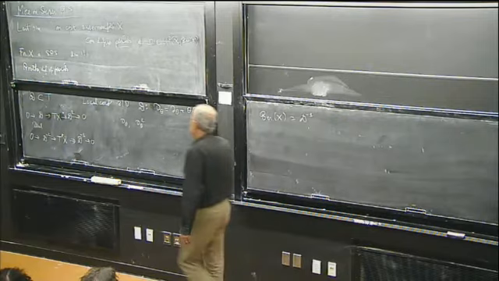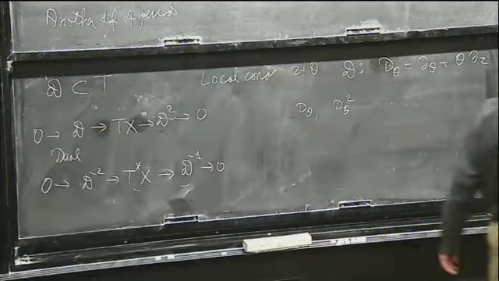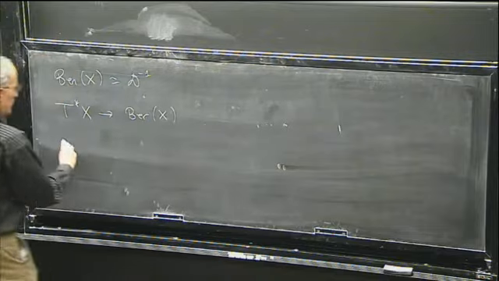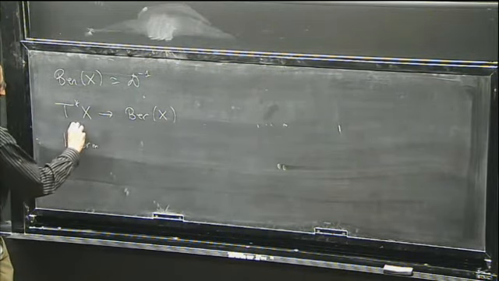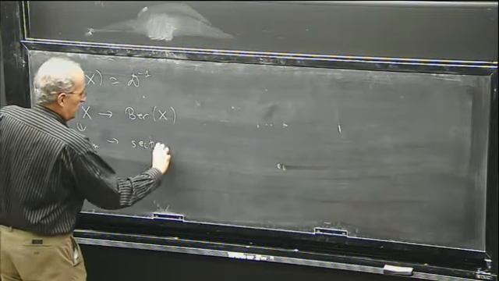So there's a map from T star X to the Berezinian. So if you like, it maps a 1 form, which is a section of T star X, to a section of the Berezinian.